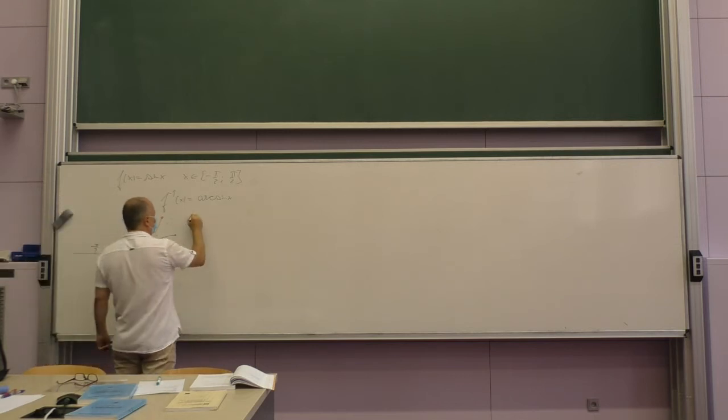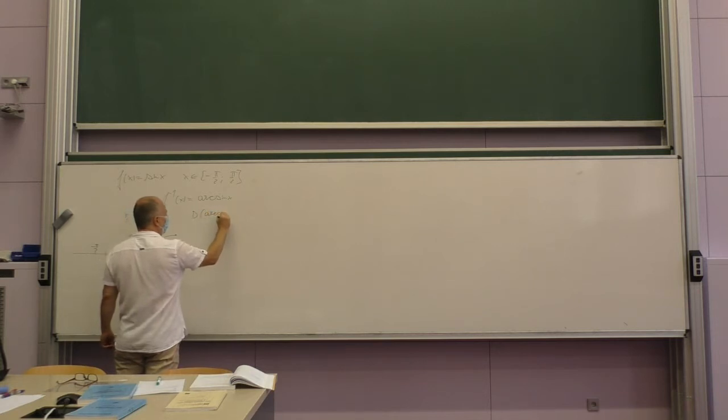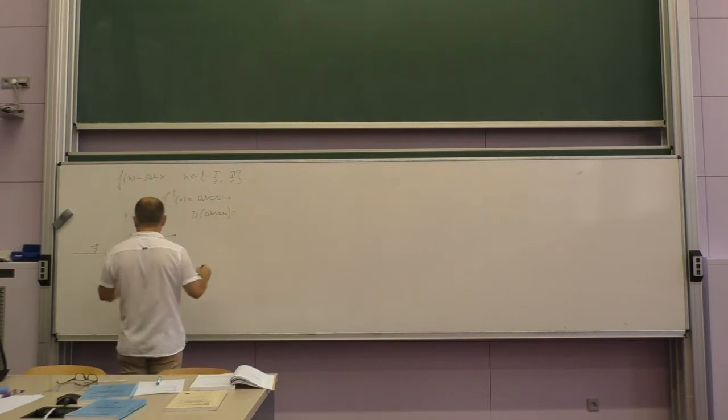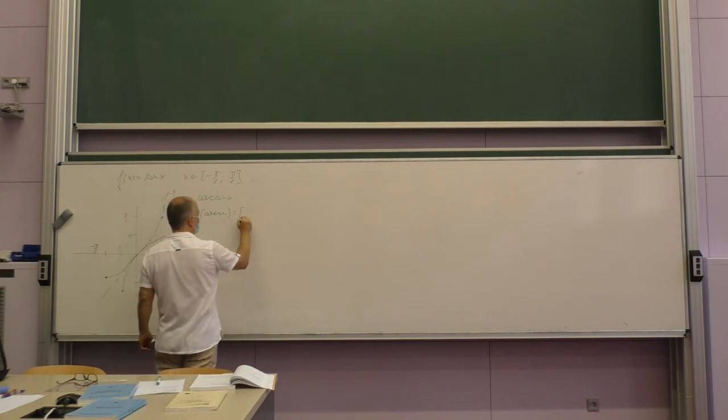So we can write the important property that the domain of definition of the function arc sine is just the closed interval from minus 1 to 1.